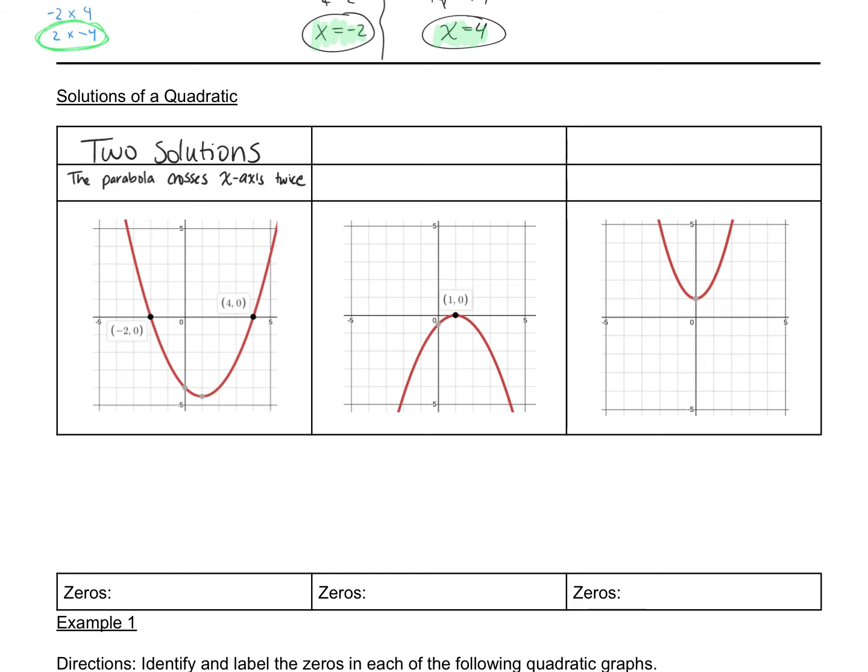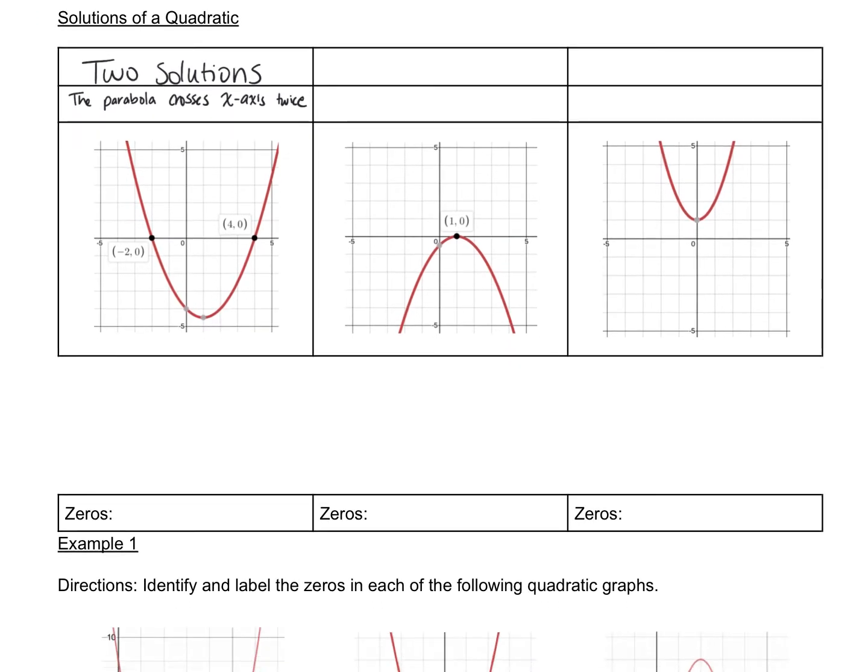If you're looking for what those solutions are, the solutions, or zeros as we call them, are -2, right here, and +4. So our zeros here would be -2 and +4.